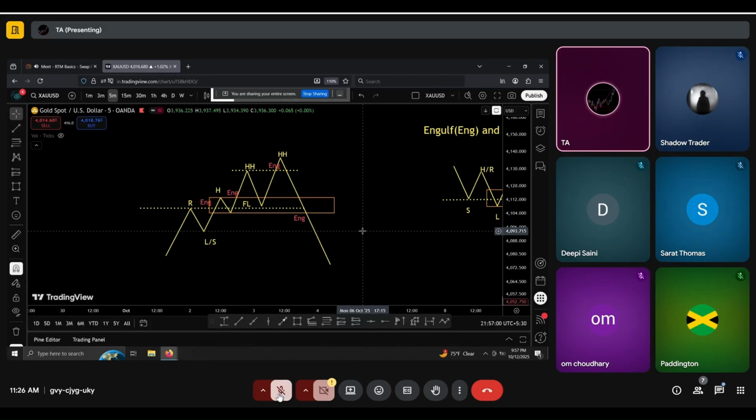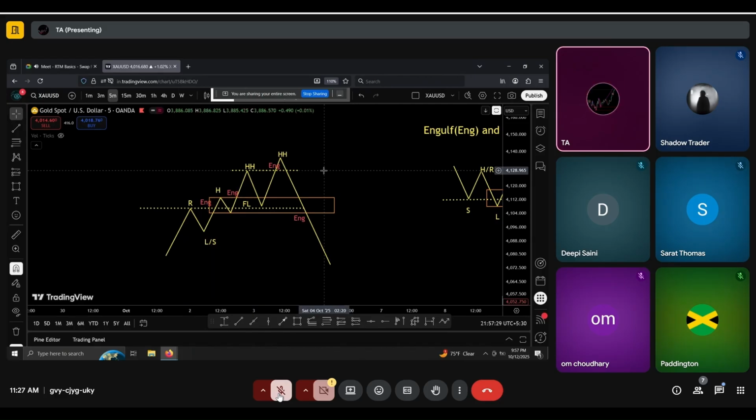Okay, but when we have to trade, we focus on important engulfs, and important engulfs arise from breaking the important zones. So what is the important zone? In this structure, the most important zone is this FL. You know, FL is an important zone. Why is it an important zone?